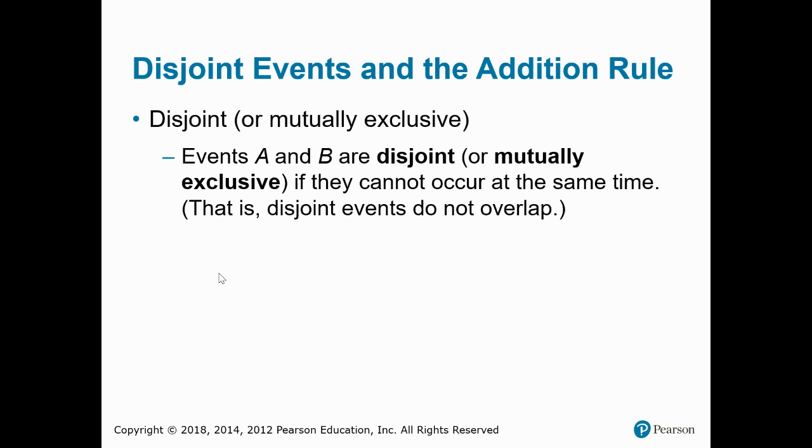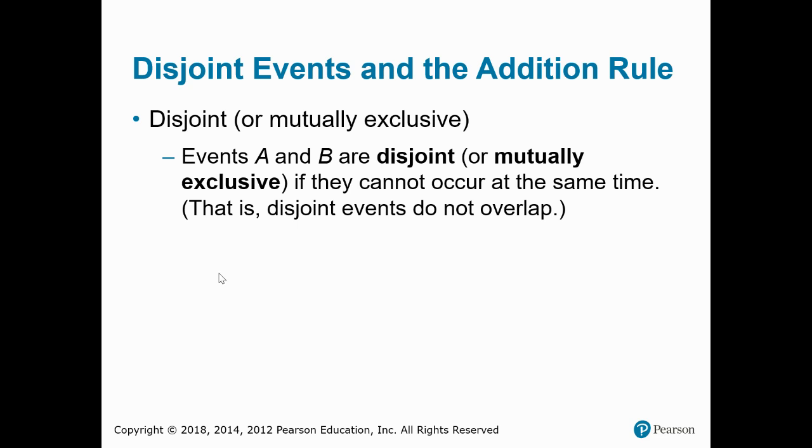An example of that from the deck of cards would be probability of drawing a heart or a diamond. That's disjoint because a heart cannot be a diamond, right? There's no way that happens. So there's no overlap if it's disjoint. So mutually exclusive or disjoint mean the same things, are events that don't have any overlap. That's what a disjoint event is.